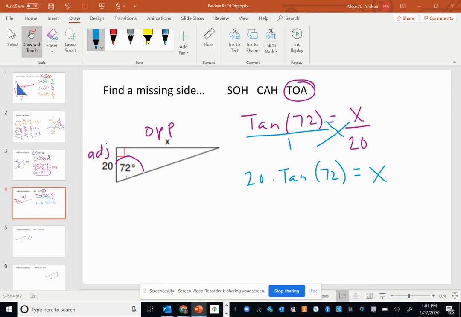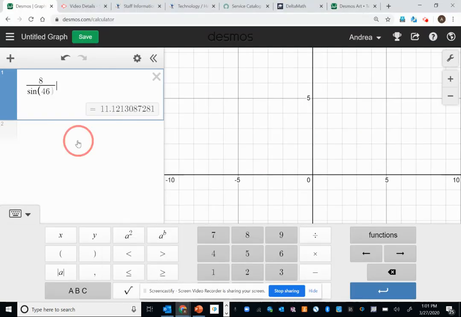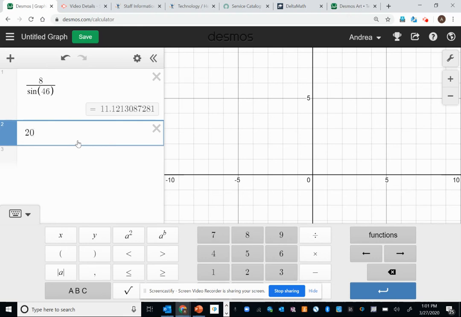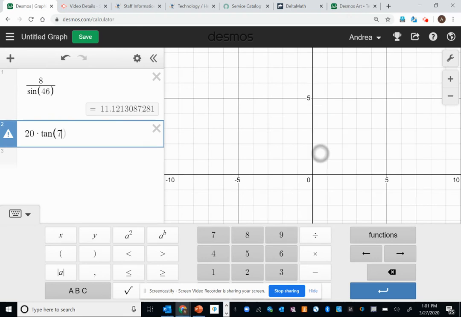So this time, all you need to put into the calculator is 20 times the tangent of 72. So 20, and then times, and then using the functions, under trig, here's tangent and 72.